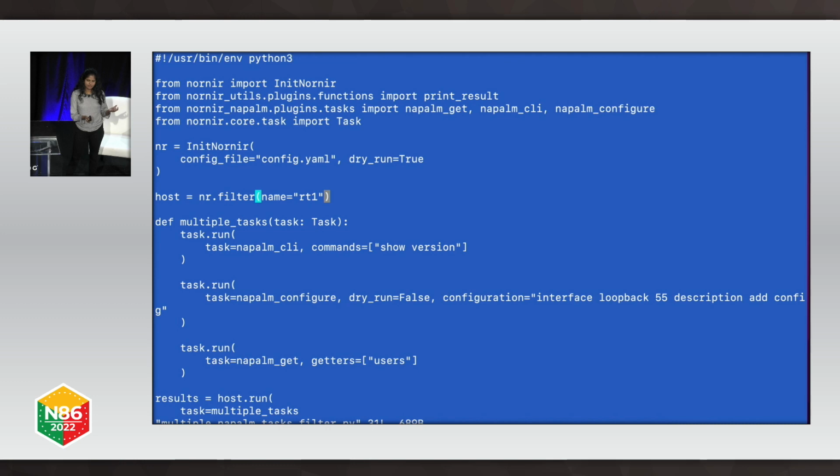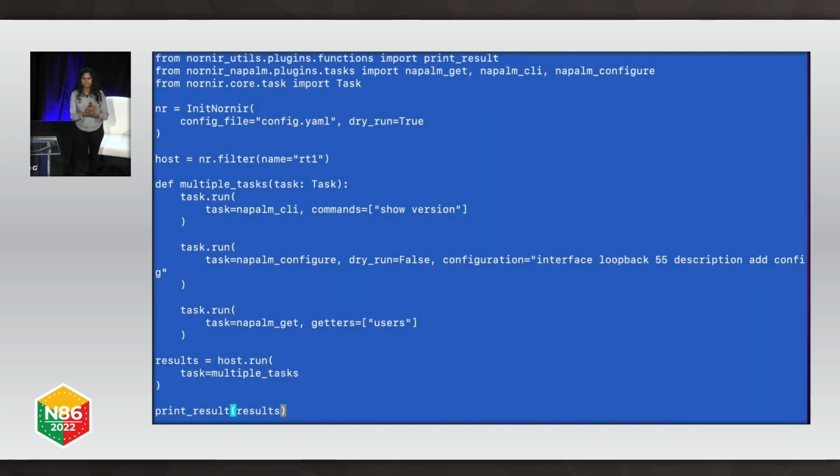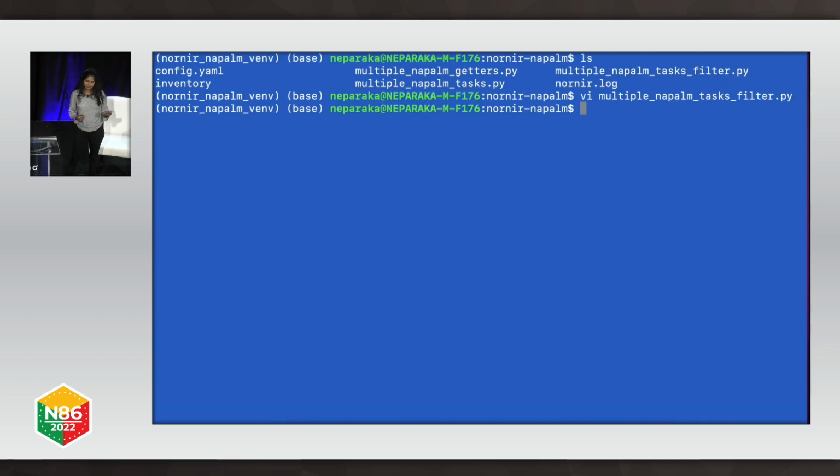So here is the filter, you have the Nornir filter, and provide the name of the router which you want to execute it on, instead of executing on all the routers the host file contains. And then define all the tasks in this way and execute it. It is going to execute the task only on that one specific router.